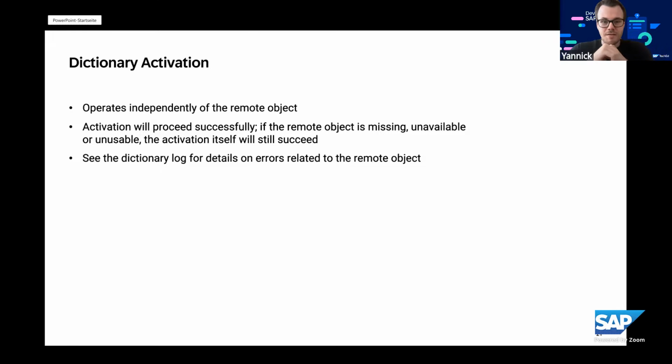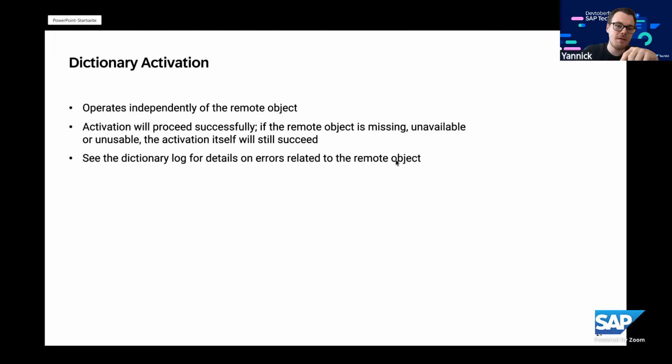But if the remote object is configured, then there could be a few things. For example, we could have a remote object that is missing, unavailable, unusable, or whatever, but the activation itself will still succeed if the external entity does not have any dictionary problems.